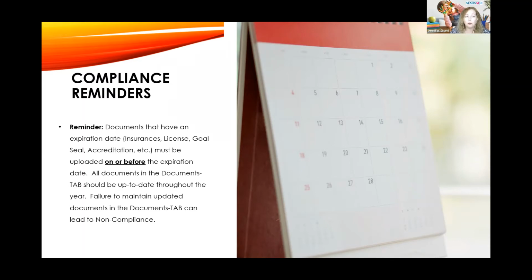So please make sure that you keep track of those insurances, licenses, your GoldSeal, your accreditation, anything that impacts your payment and your eligibility. If it's a document that expires, we need you to let us know and update those. If you don't, then you're potentially not eligible, and the state and the feds may ask me to reclaim payments from you if you weren't eligible because you hadn't updated those documents. So, again, just a reminder to keep those up to date with us.